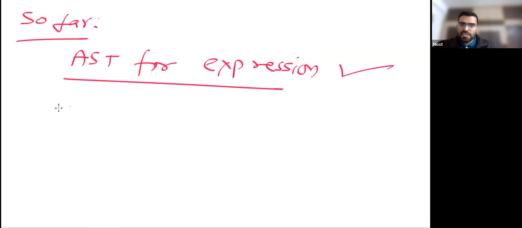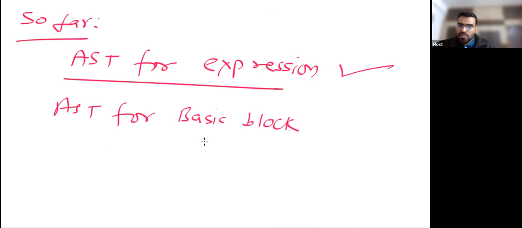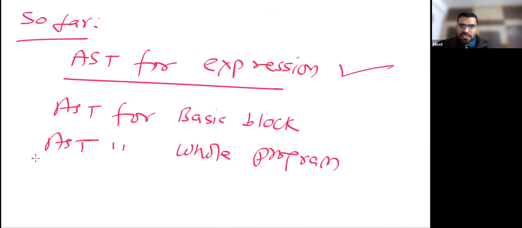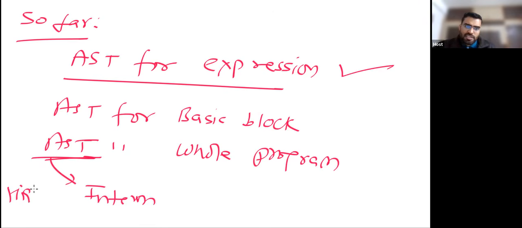But remember, an abstract syntax tree can be created for any basic block. It can also be created for the whole program, because remember, the abstract syntax tree is an intermediate representation, a high level intermediate representation.